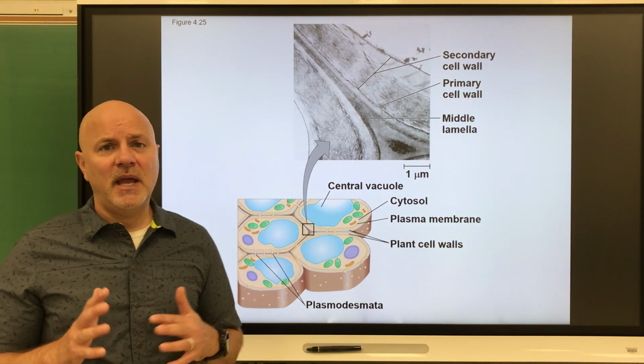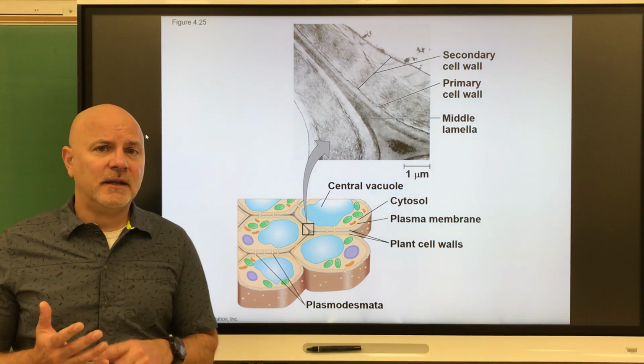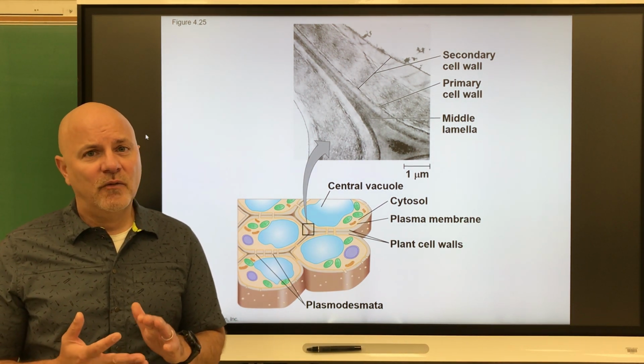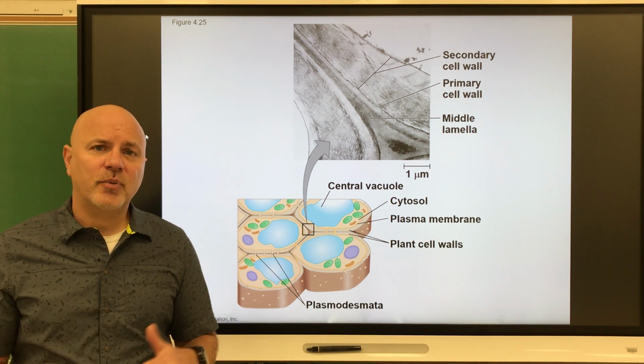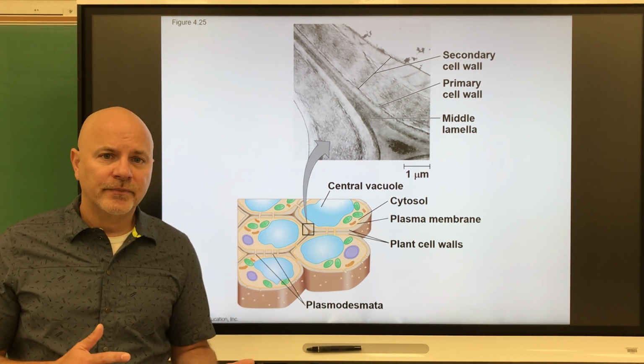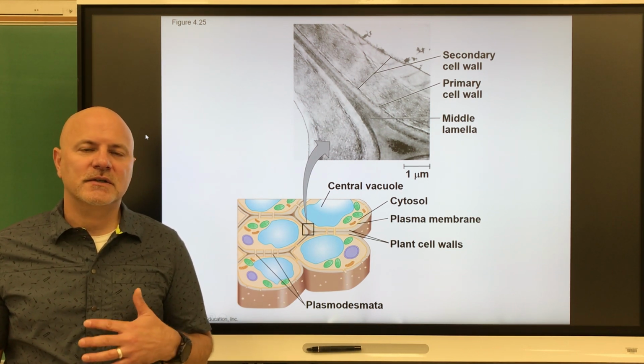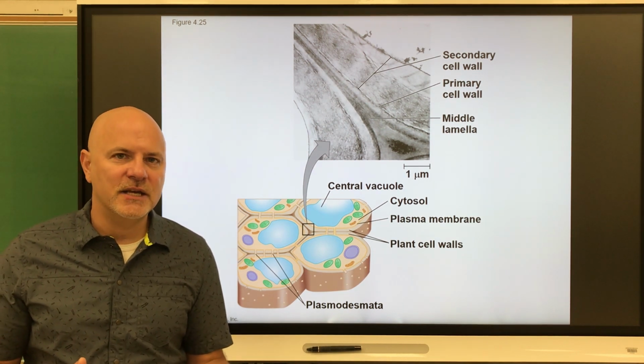Now, their cell walls are made of different things. Plants and a lot of algae have cell walls made out of cellulose. With fungi, it's a combination of proteins and carbohydrates. And when we talk about protists in general that have cell walls, there's a large variation that can occur there.